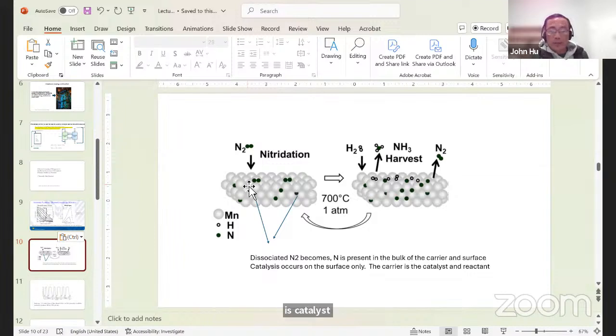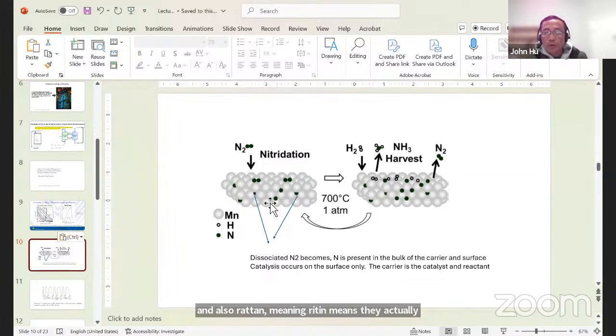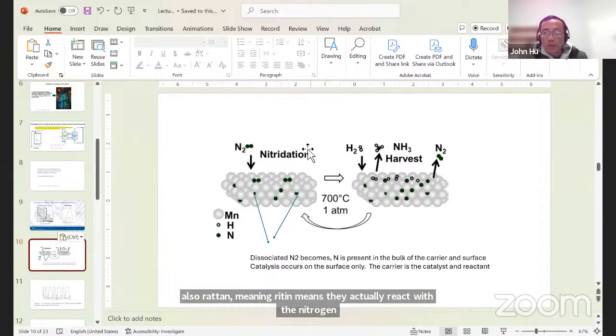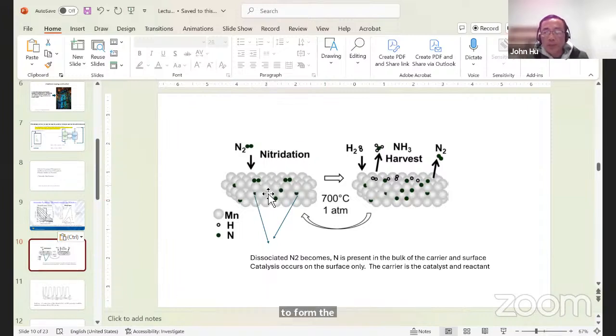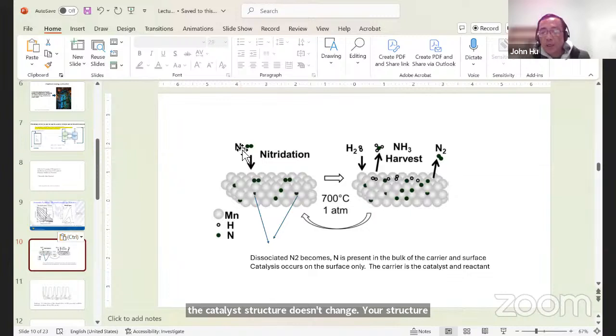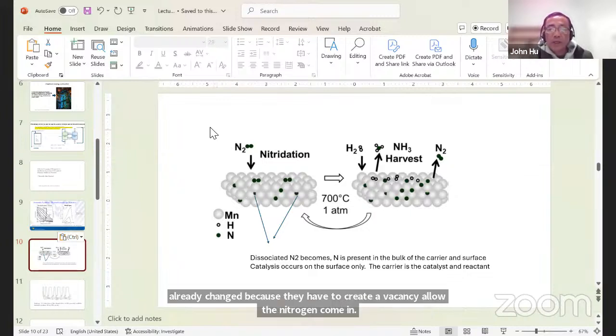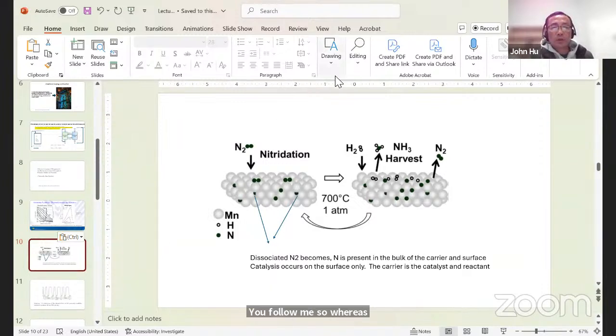Reactant means they actually react with the nitrogen to form the nitride. Whereas in Haber-Bosch catalysis, the catalyst structure doesn't change. Here the structure has already changed, because they have to create a vacancy to allow the nitrogen to come in. You follow me? So whereas catalysis, let me draw, very good question. If you do the catalysis.